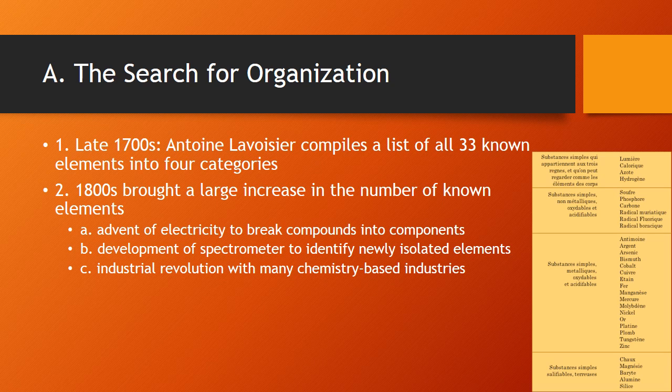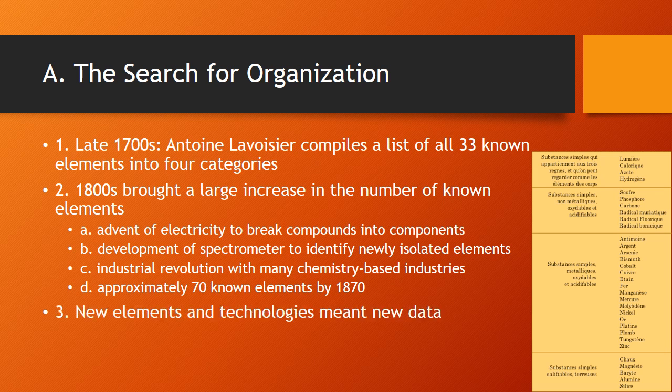And then the Industrial Revolution brought on many chemistry-based industries, which helped us discover even more elements. So we get to the late 1800s, roughly 1870, and there are about 70 known elements.